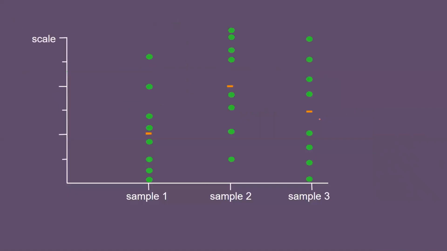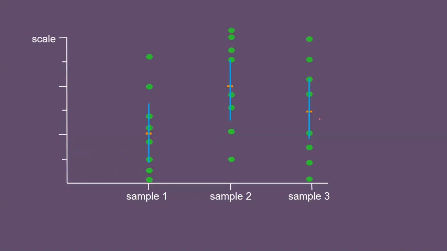So here are the three means. Now imagine I've built a confidence interval for each of those means. The confidence interval is going to be quite wide because of the variability in the data for that group. So this is an example of possibly what my three confidence intervals look like.